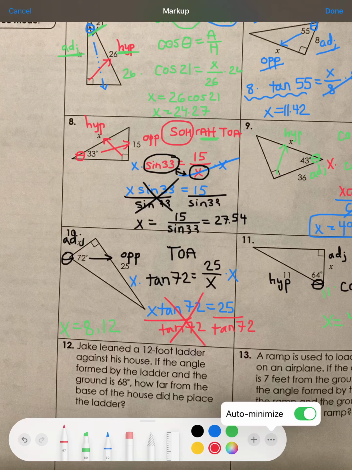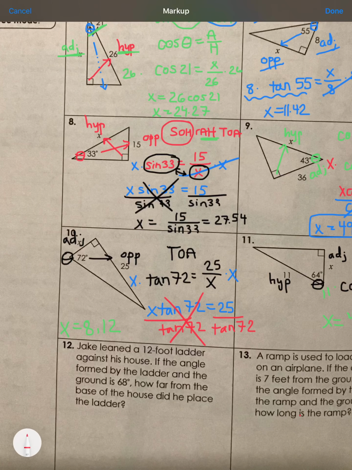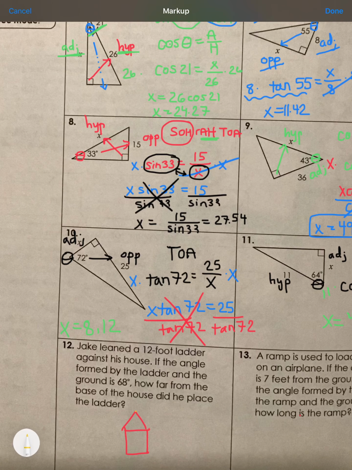And lastly, we just have to get through these word problems. This is the same thing that we are doing on page 2, where you kind of just have to draw a little bit of a picture, okay? We have Jake leaned a 12-foot ladder against his house, so we have a house. And we have a 12-foot ladder.